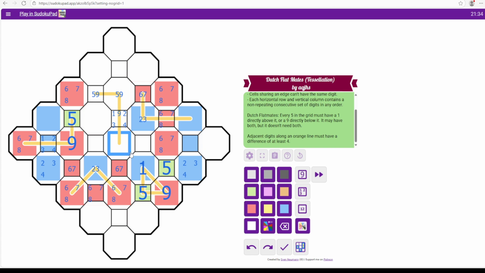What could we figure out? One's somewhat restricted in the middle. 9 can't go in this row anyway. 9 can't go in either of those 2.